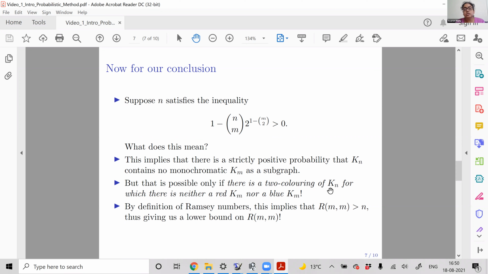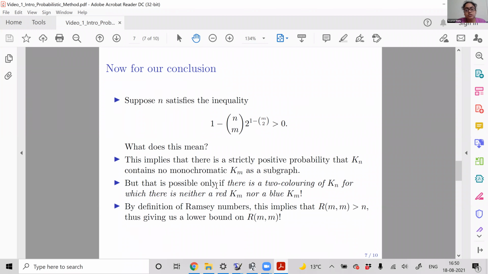Okay, so when n satisfies this inequality, and if you work it out, you will see immediately that this gives you a sort of an upper bound on n here. So m is fixed, keep that in mind. We are trying to get a bound on n, not m. M is fixed.